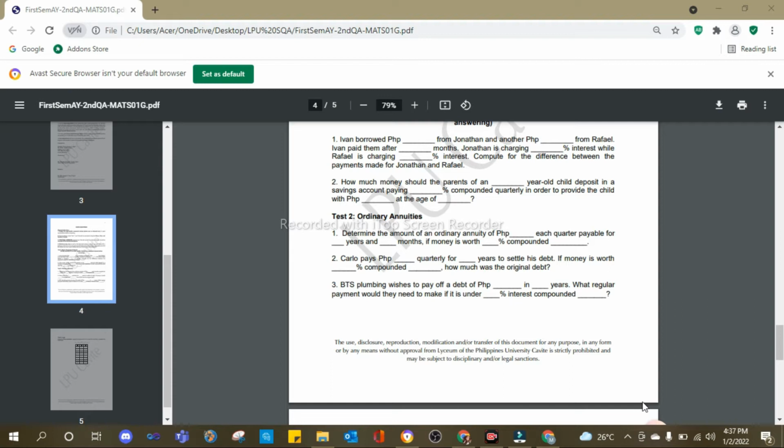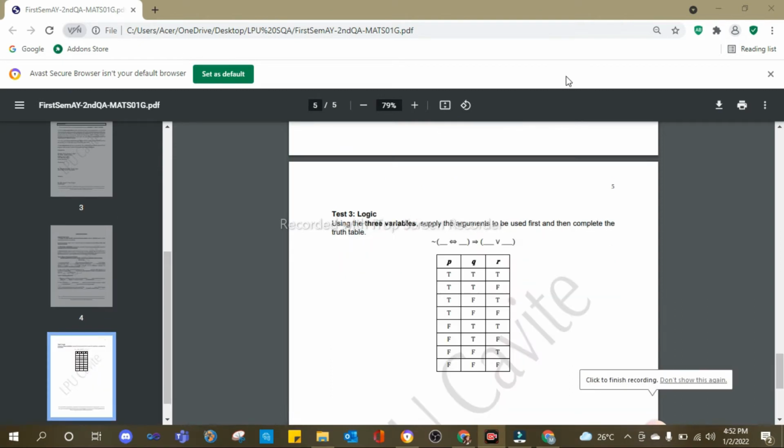Let's go. We are in the last topic, which is test 3, logic. Using the 3 variables, we need to supply the arguments to be used first, and then complete the truth table. So we have P, Q, R. P is T, T, T, T, 4 T's, then F, F, F, F, 4 F's.